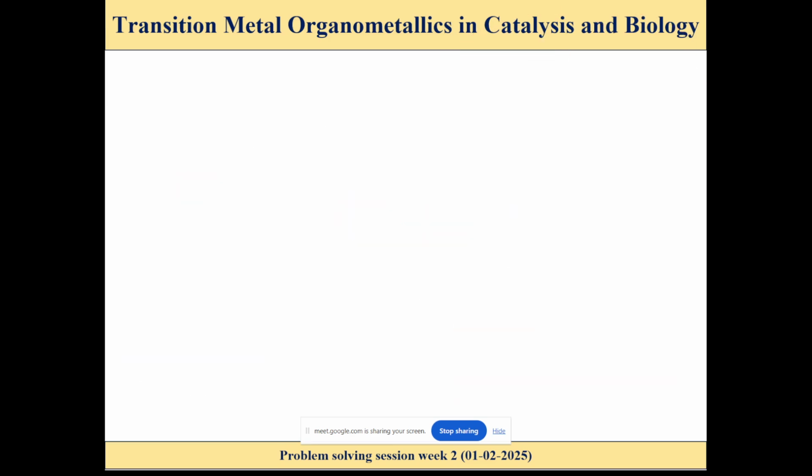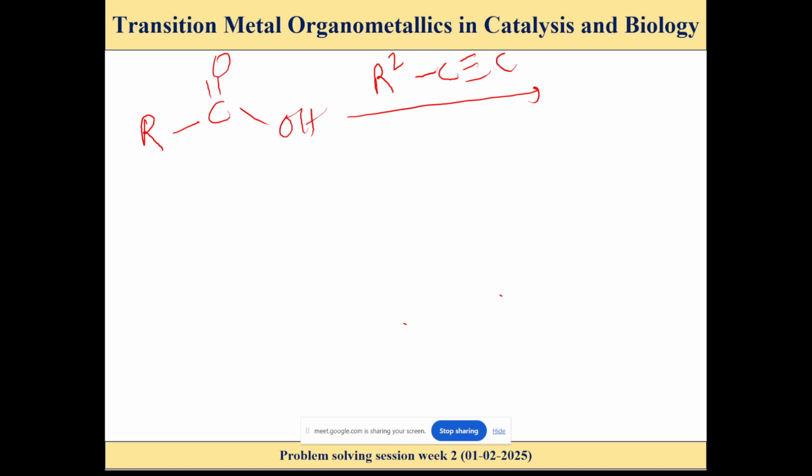Now if you want to explain the mechanism, I have already discussed it. So if you have R1, C double bond O, OH, in the presence of a catalyst, and R2, C triple bond CH.